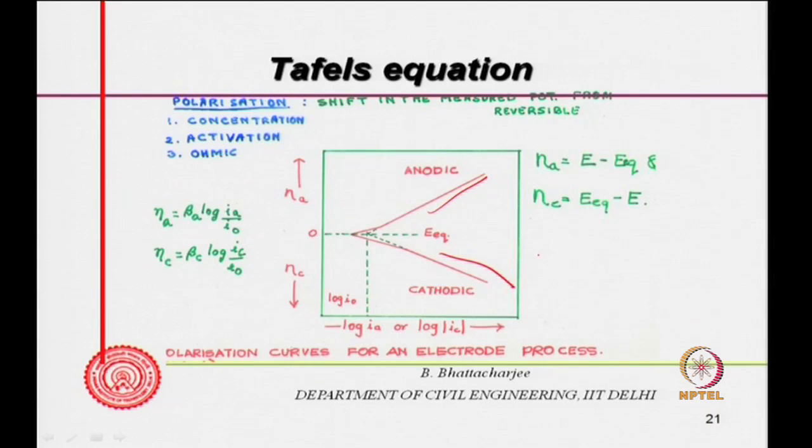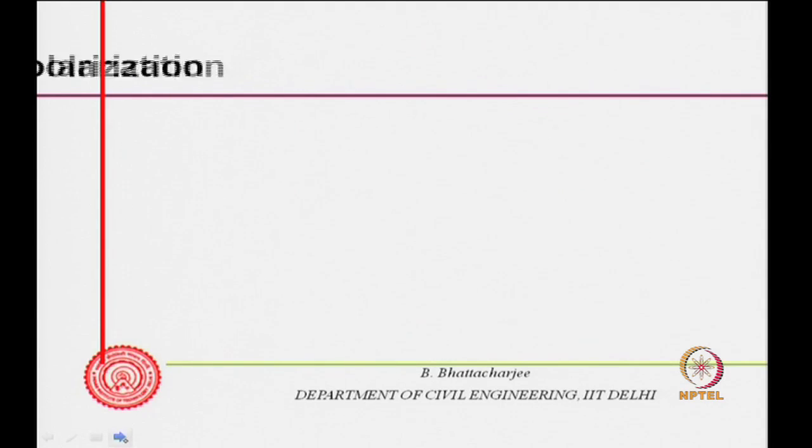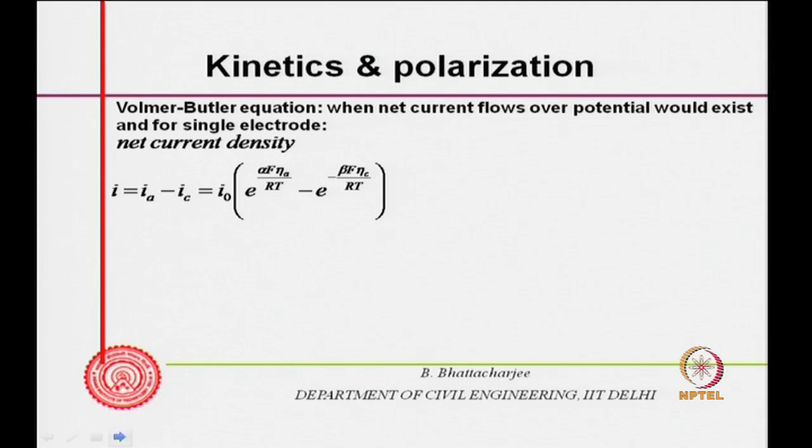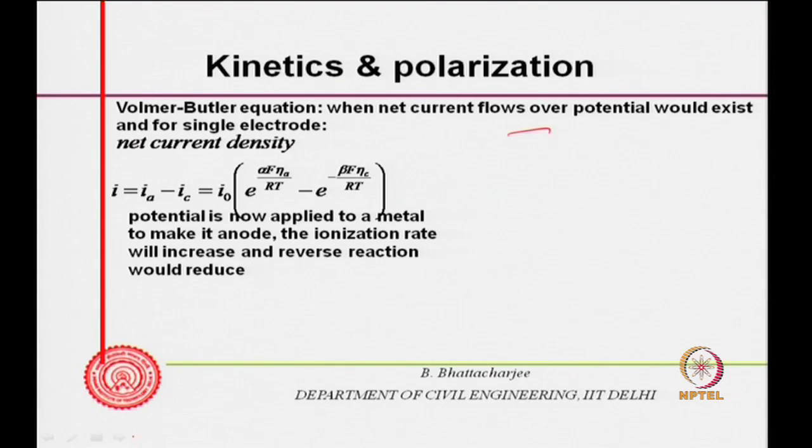So this is activation polarization, and as I already said, concentration, activation and ohmic polarization, we have already defined them. This was activation polarization. Now, the Volmer-Butler equation gives you, for a single electrode, the net current equation. What it says is that when potential is applied to the metal, the ionization rate increases and the reverse reaction will reduce.